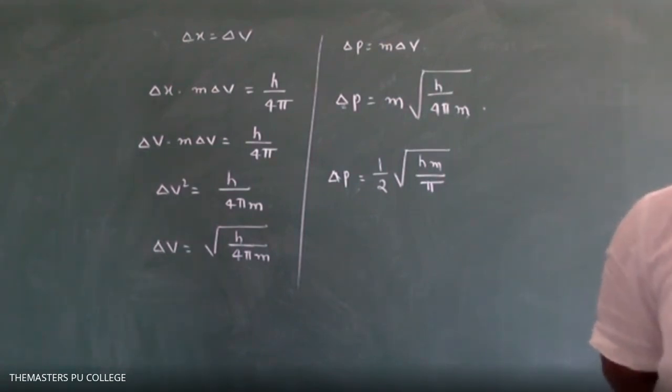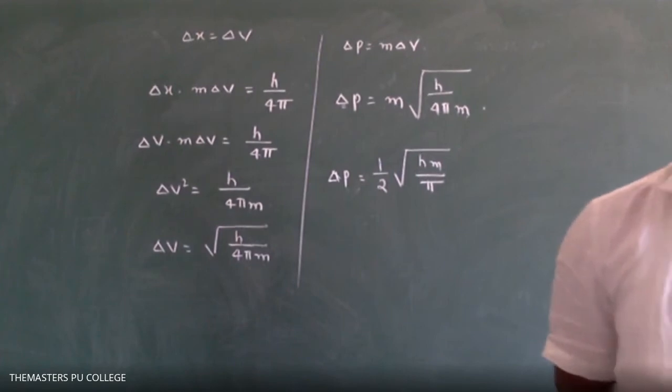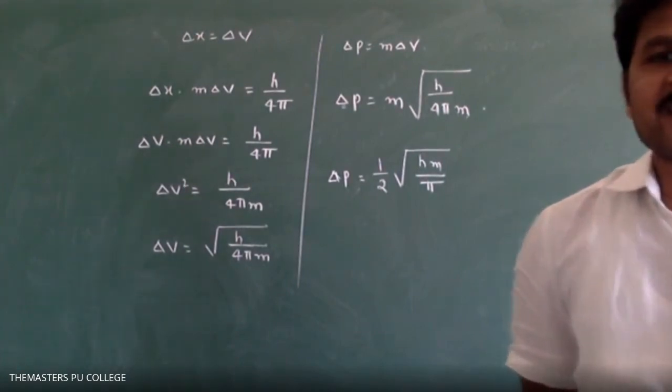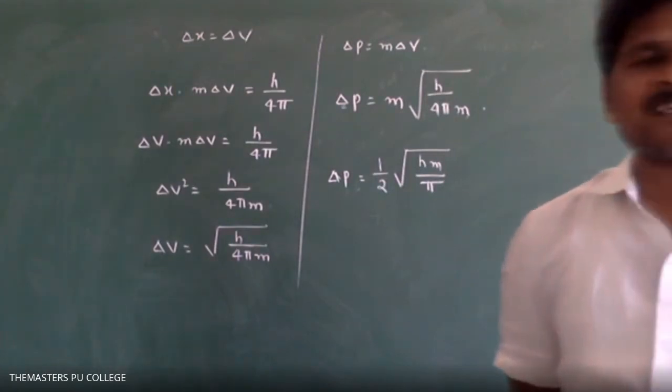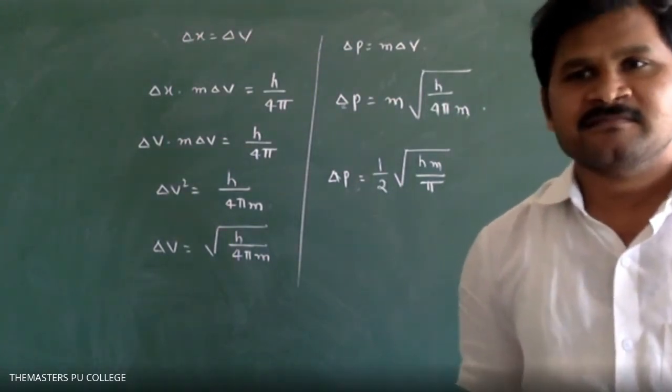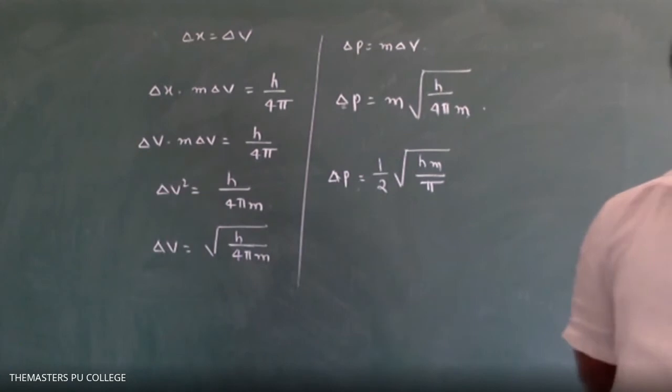That's why the first one is a wrong statement. Second one: an orbital is a function which gives the probability of finding the electron in a given region. The second one is correct. The third one is a wrong statement: an orbital is a region where the electron is not located. That is a nodal plane, where the electron is not located. So for 116, the second option is correct.